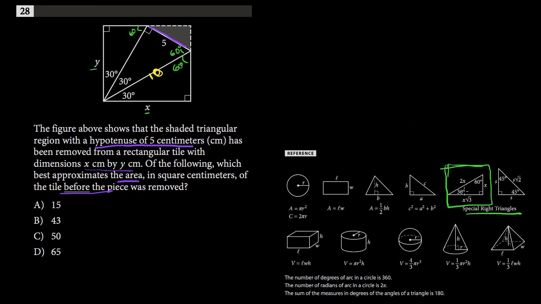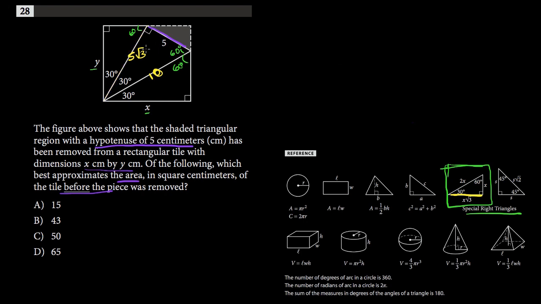We also know that this adjacent side becomes x root 3. If this is our x, 5, then this side of the triangle is going to be 5 root 3.